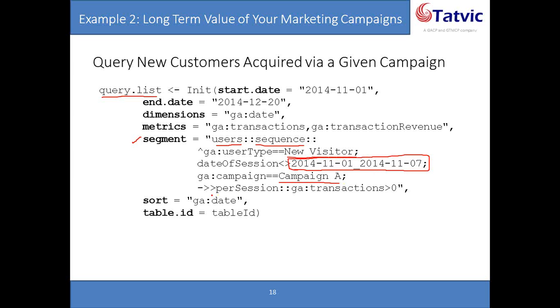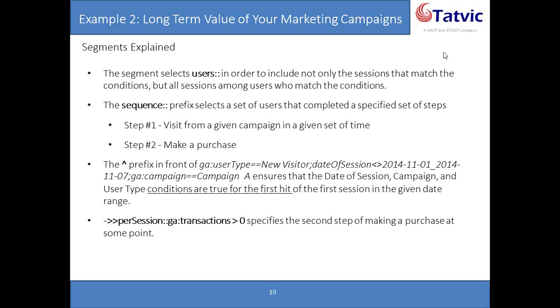And we're trying to get those people who transacted at least once within a session, sorting it by date or table ID given in the profile. Essentially, this segment selects users.